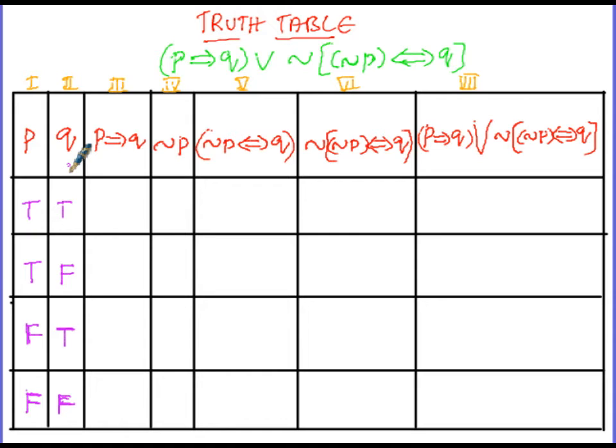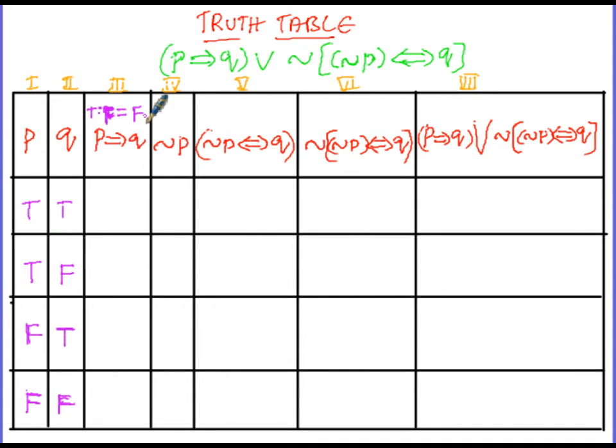But here we need P implies Q. So in order to find out P implies Q, a true statement does not imply a false statement. That means if the statement P is true and the statement Q is false, then that implication is false, TF is F, that is P implies Q. So statement P must be true and statement Q must be false, then P implies Q will be false.